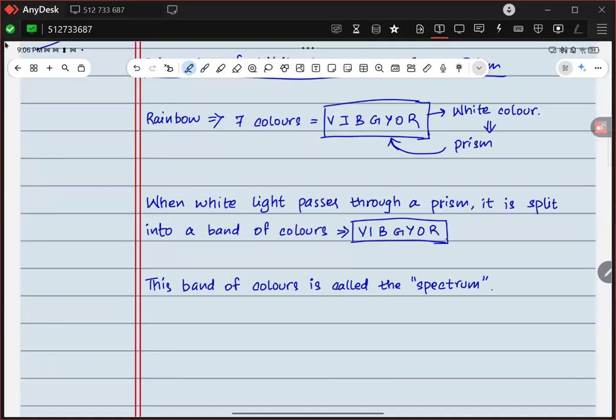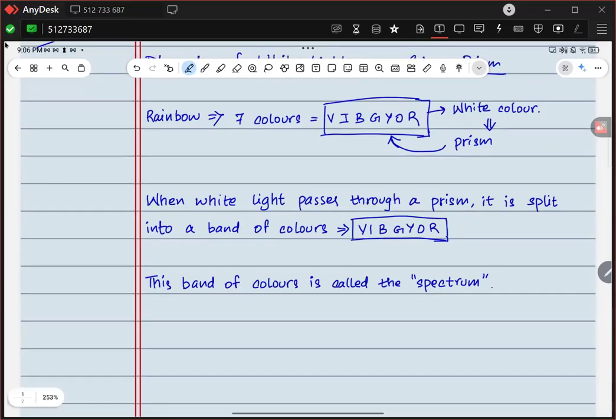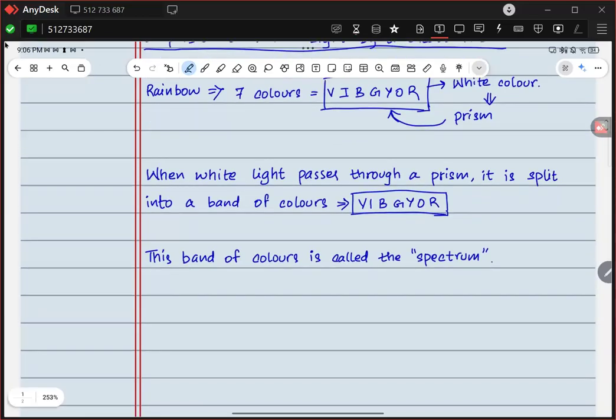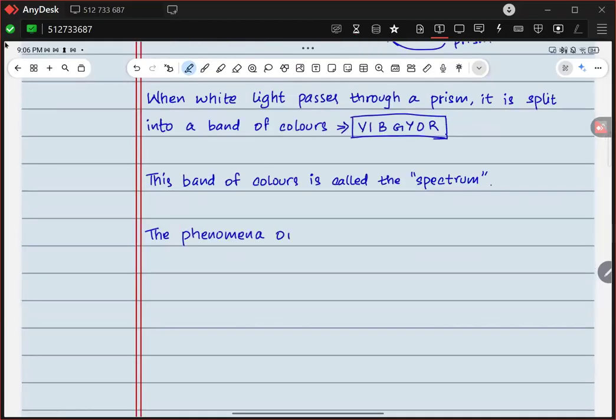And this phenomenon of splitting light into its component colors is called dispersion.